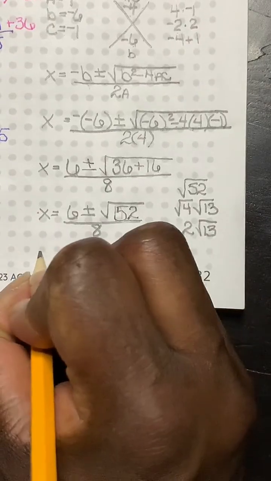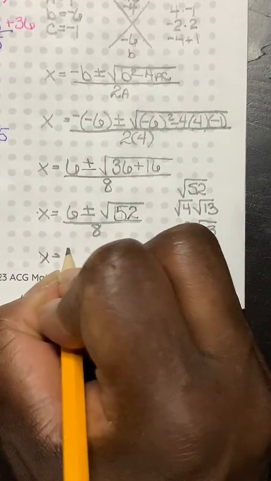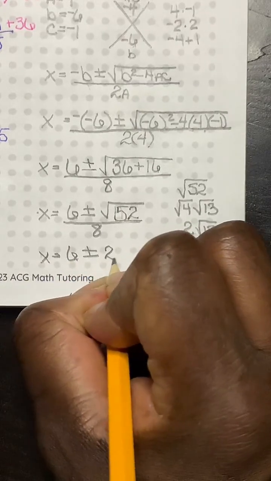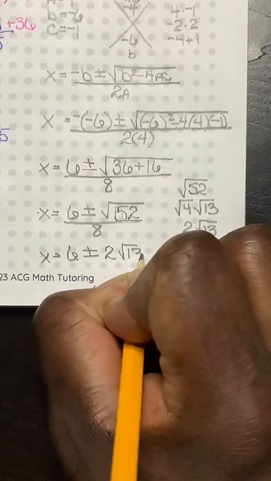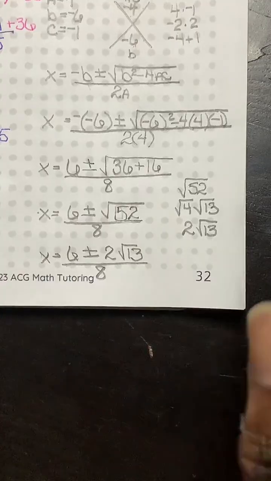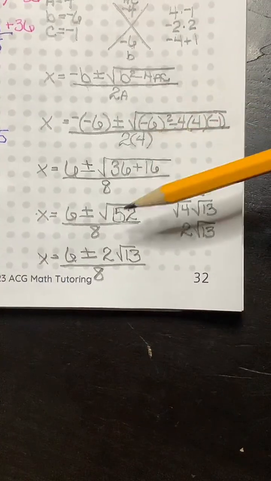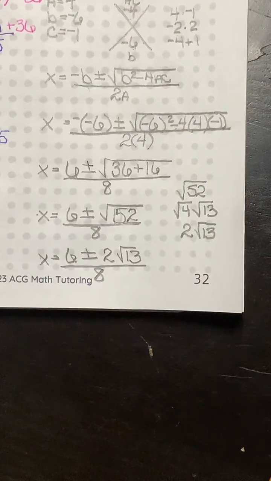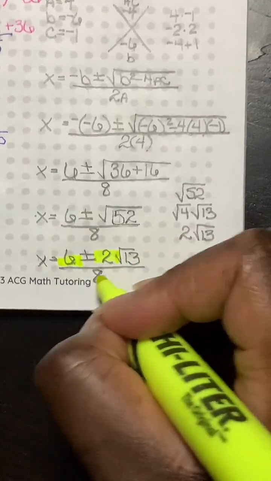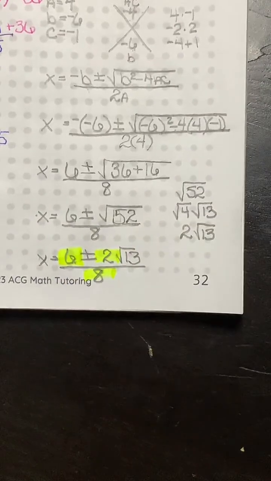So we got 6 plus or minus 2 square root of 13 over 8. Now someone says, can we just cross out the 6 and the 8? Now, in order for us to simplify all 3 spots, 1, 2, 3, okay?